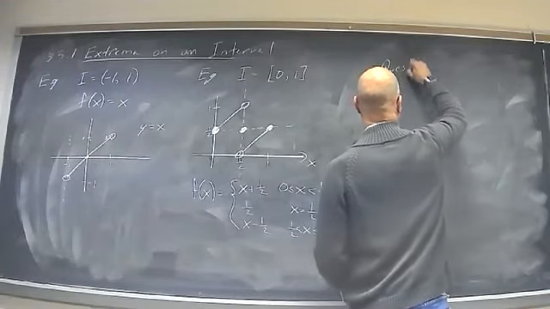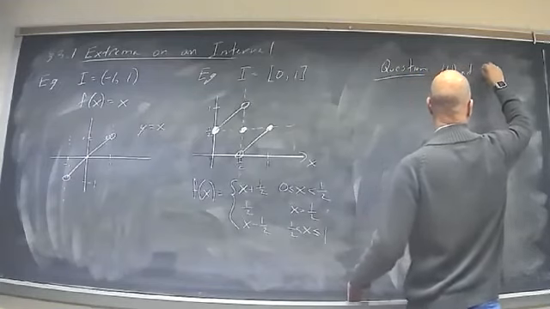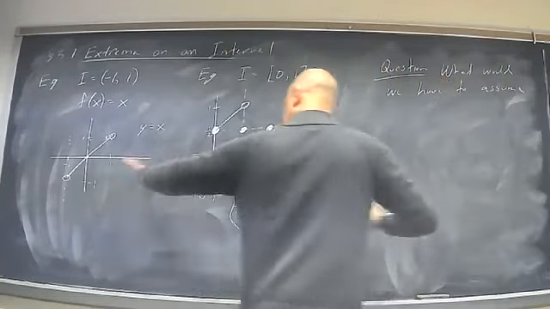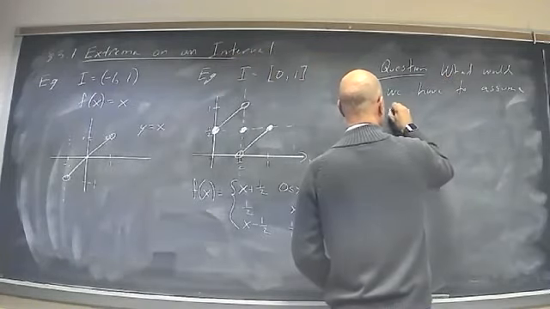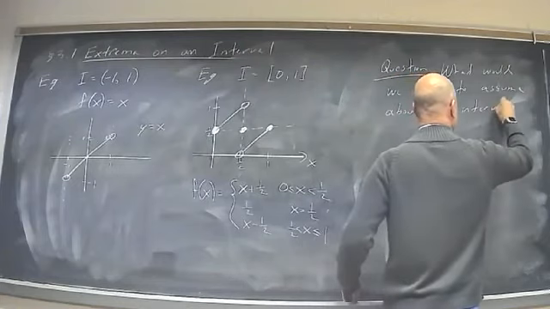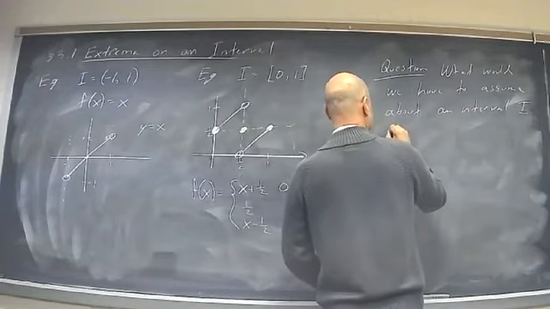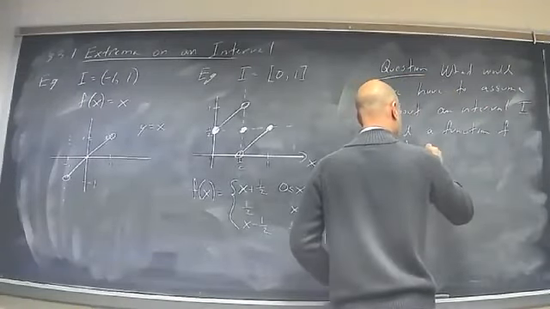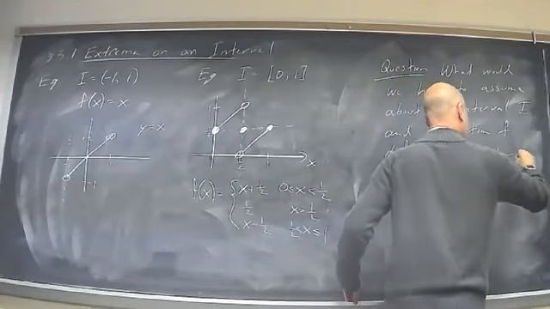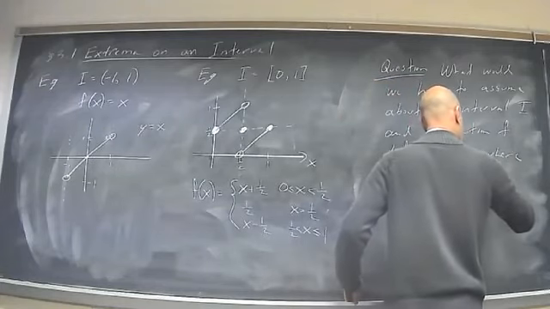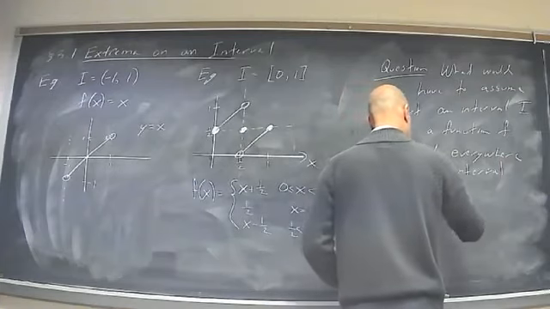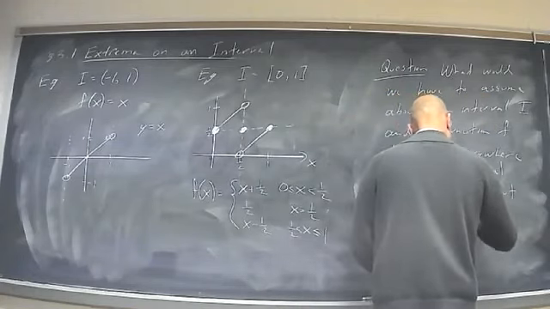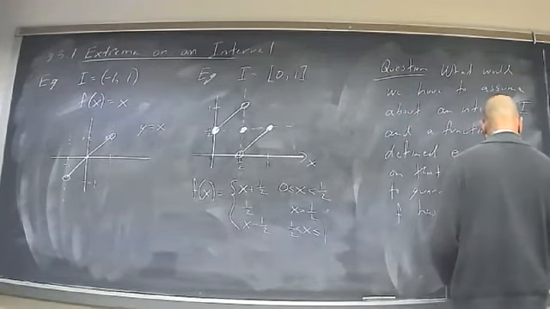So based on our experience now, what would we have to assume about an interval I and a function f defined on that interval to guarantee that f has both an absolute maximum and an absolute minimum on I?